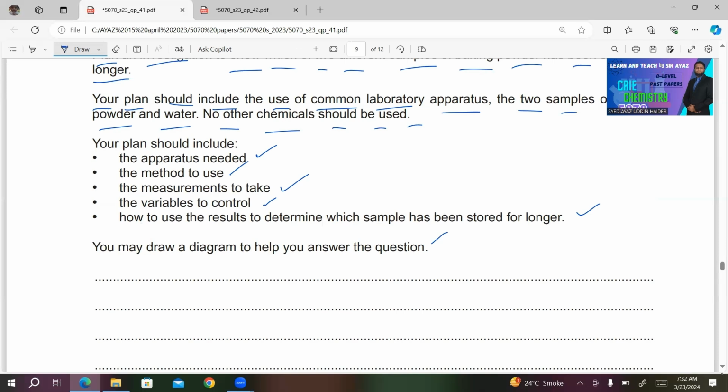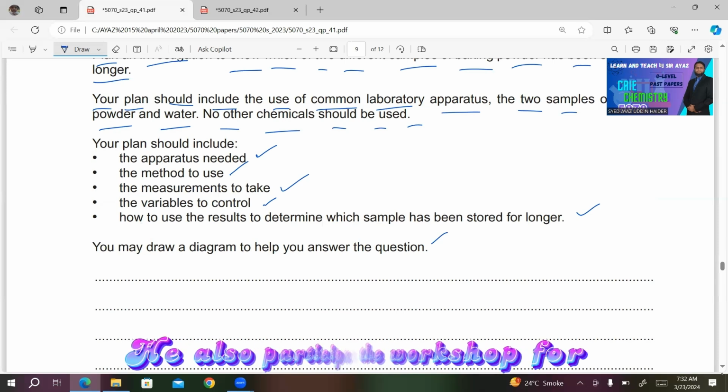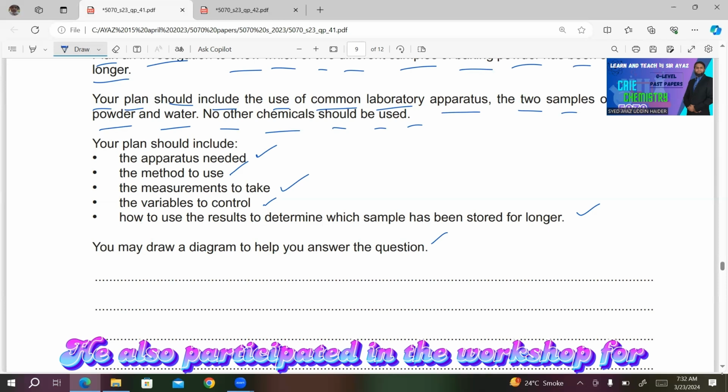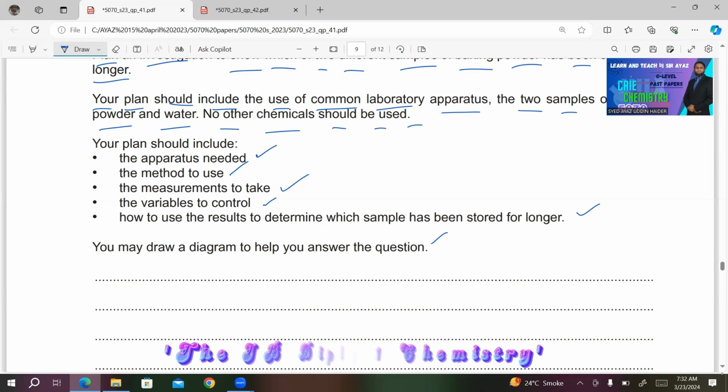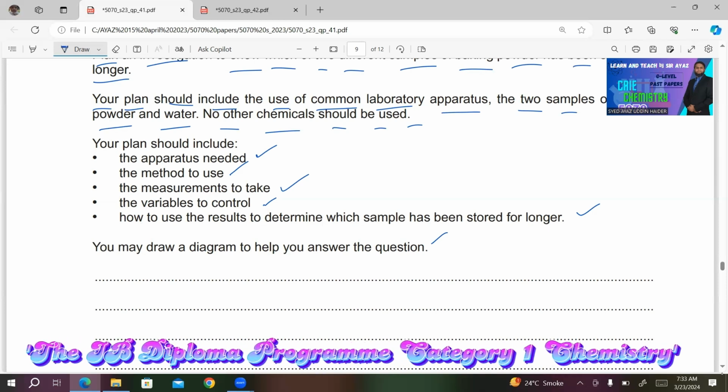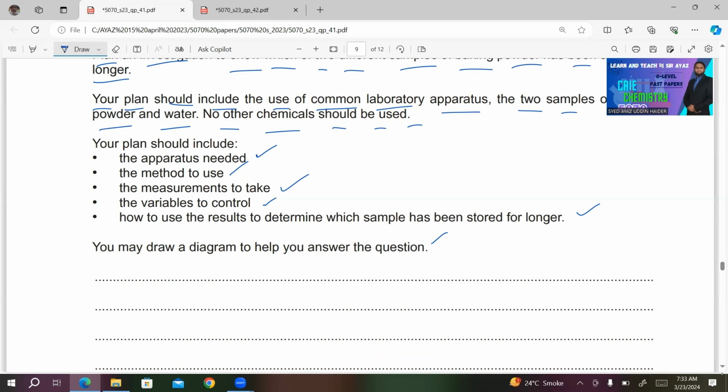The sample which produces more gas, which means it has more bubbles, it will take less time to turn milky, or is milkier, which means it is stored for less time. Or you can have the opposite statement. When the sample is producing less gas, it will turn milky and take more time, which means that it is stored for a longer period.